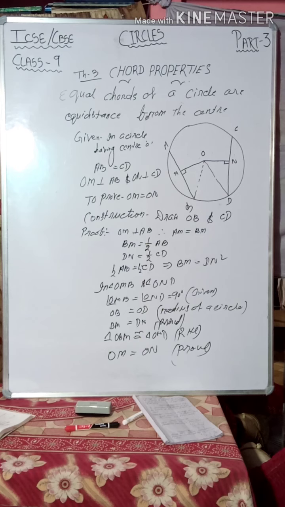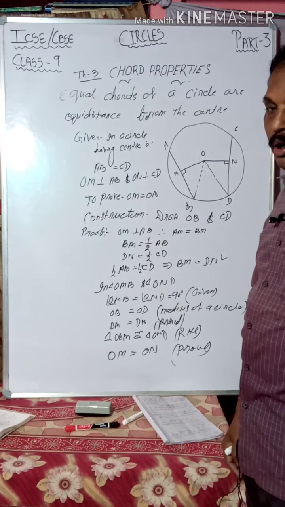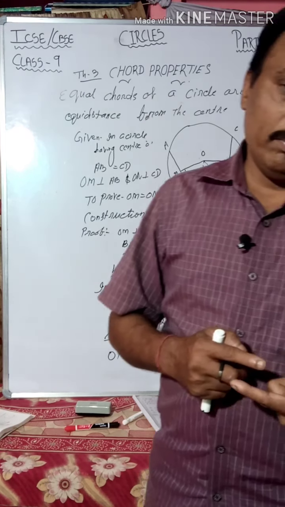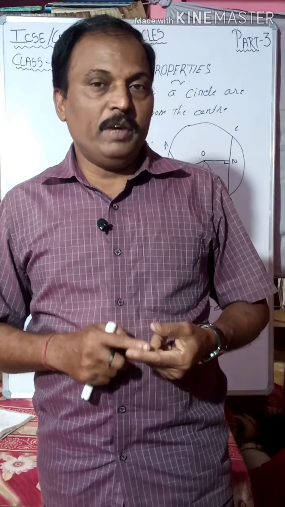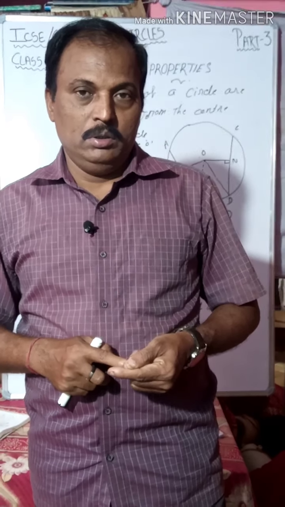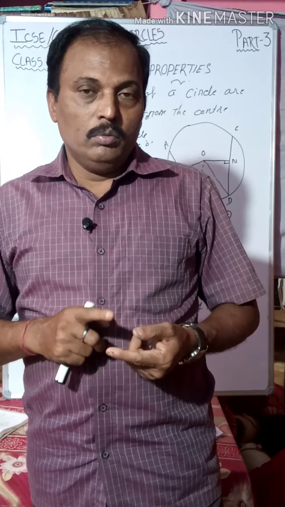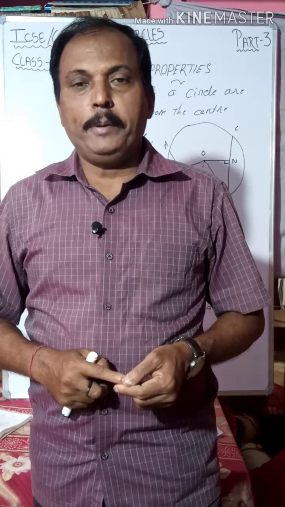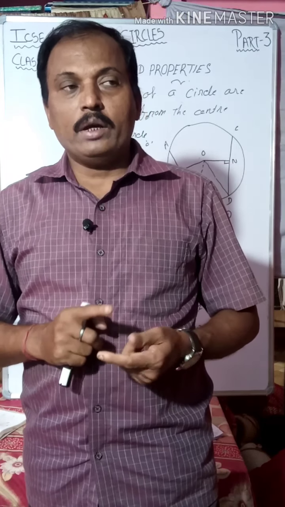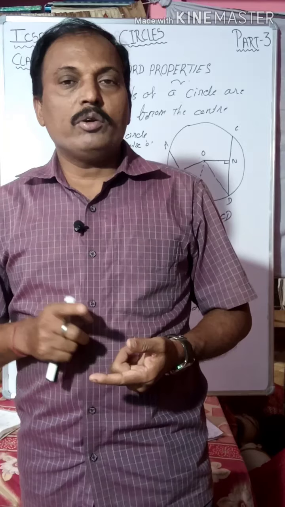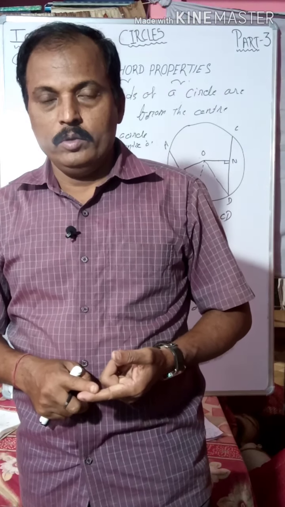So this is theorem 3. What about theorem 3? The statement was: two equal chords of a circle are equidistant from the center.